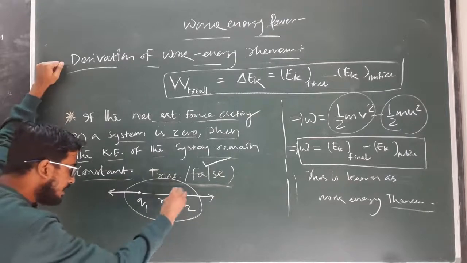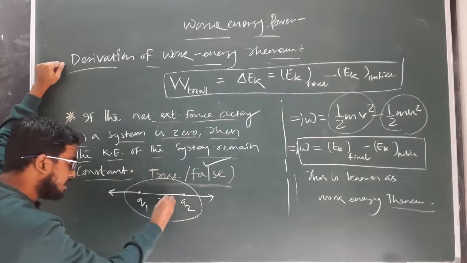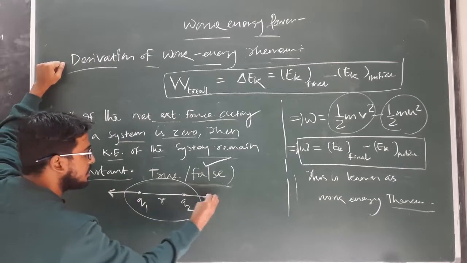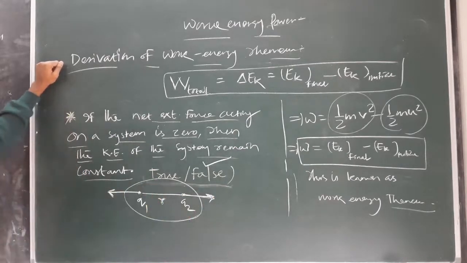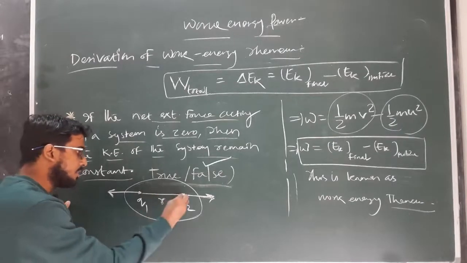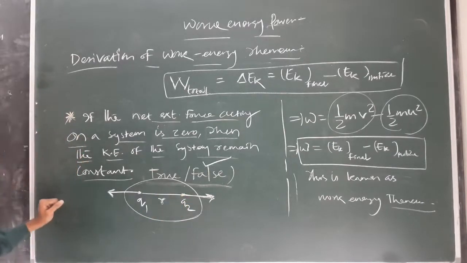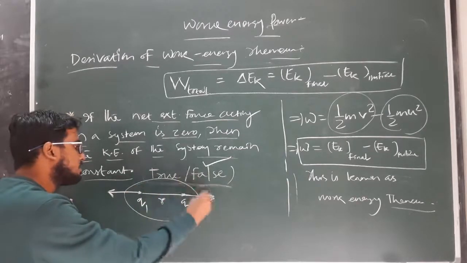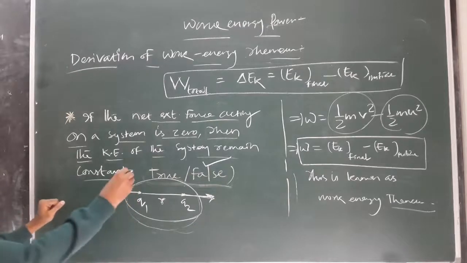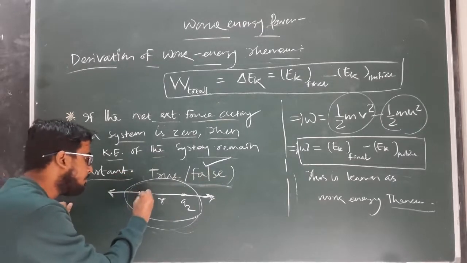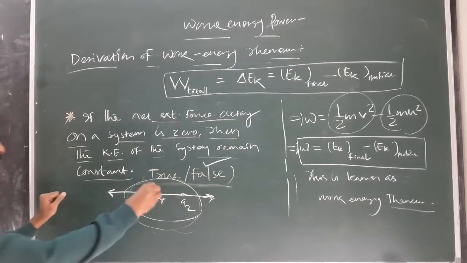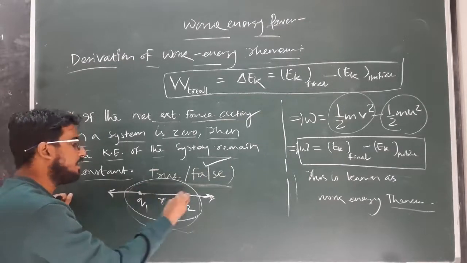Initially the charges are at distance r, but after some instant the distance will increase as they start to move along this direction. Initially the kinetic energy of the system is 0, but due to the repulsive force they will gain some kinetic energy. We are not applying any external force on this two-charge system. That's why the initial potential energy stored within these two charges will be converted into kinetic energy.